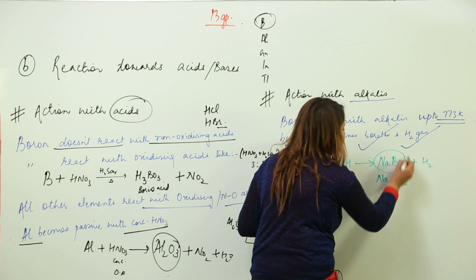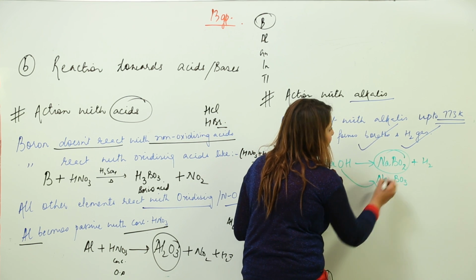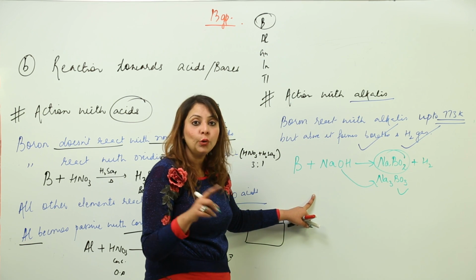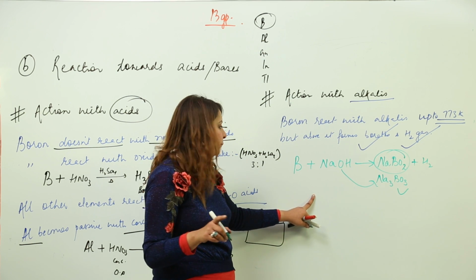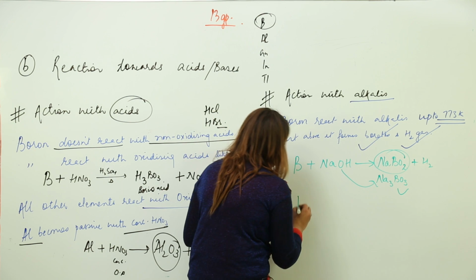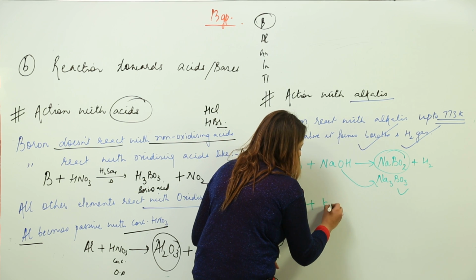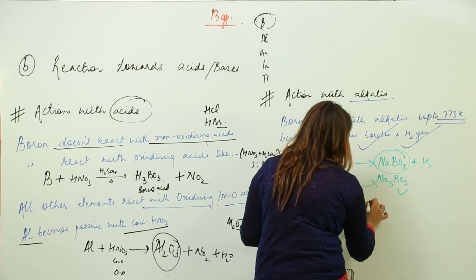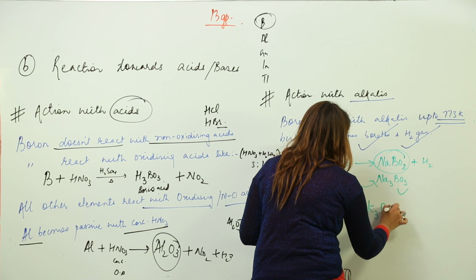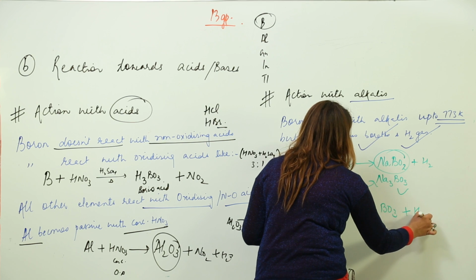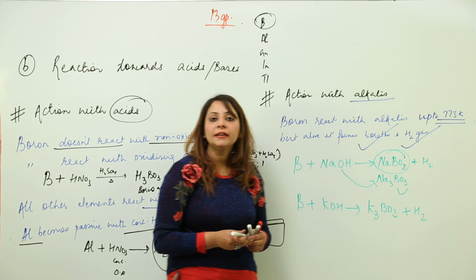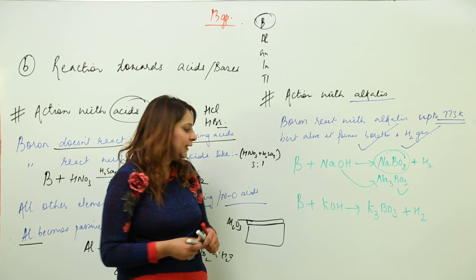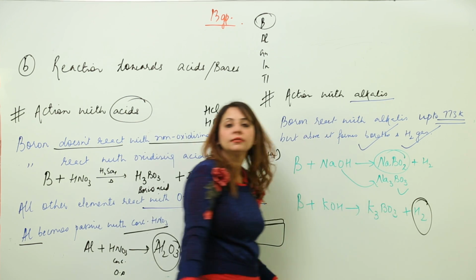But in this reaction, up to temperature 773, it forms the sodium borate, not metaborate, that is Na3BO3. Likewise, if it reacts with caustic potash, that is KOH, it is again going to form its borate, K3BO3, and along with that we get a gas which produces a popping sound, we are all familiar, that is the H2 gas.